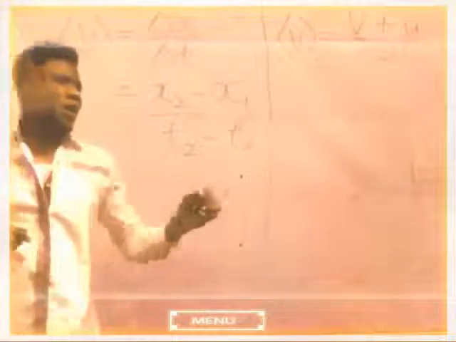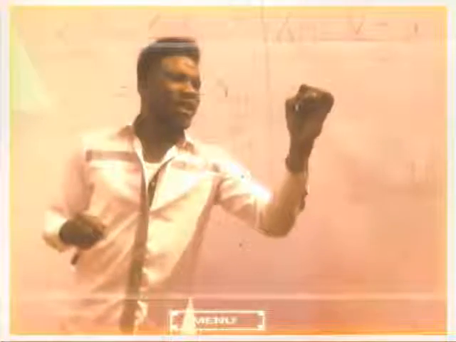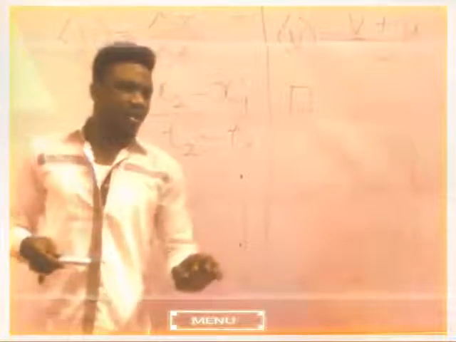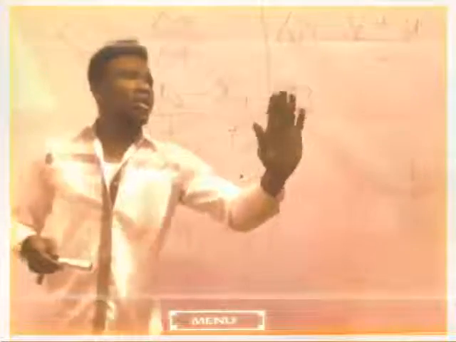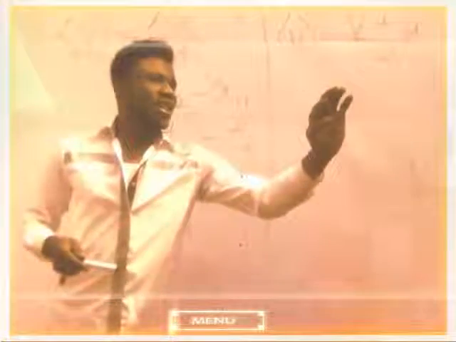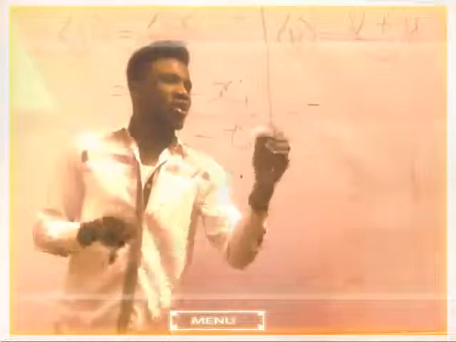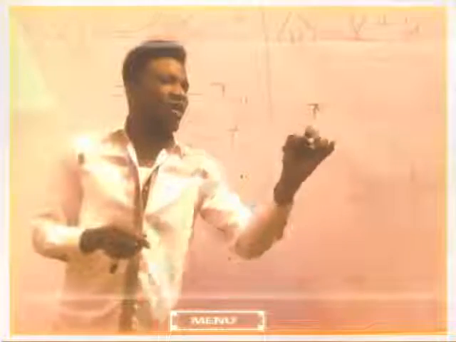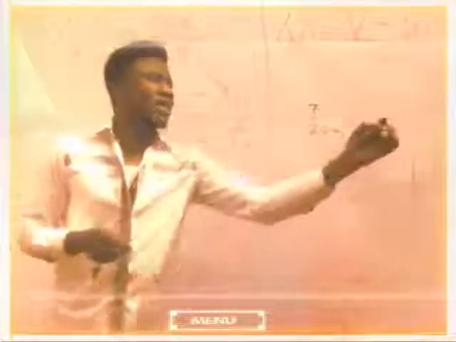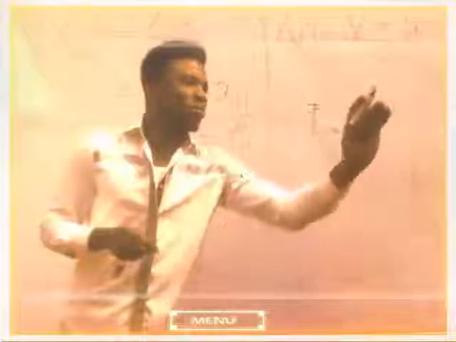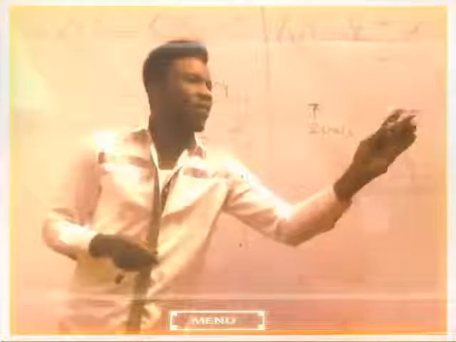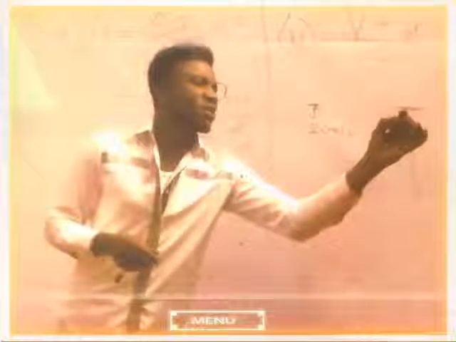For example, if an object is moving, let's just animate this. If this object is moving at this position, the object might have a velocity of 20 meters per second. And when the object moves to this position, the object might have a velocity of, let's just say, 10 meters per second.